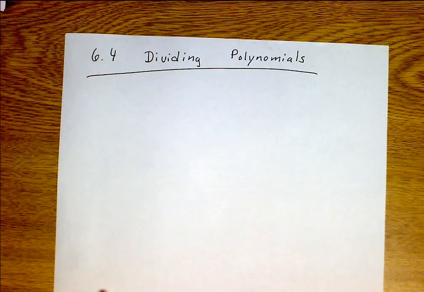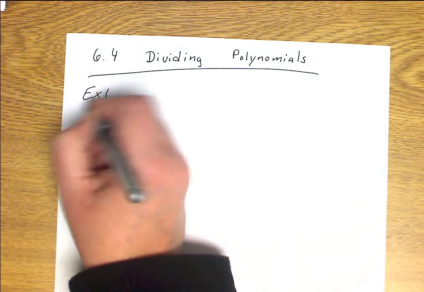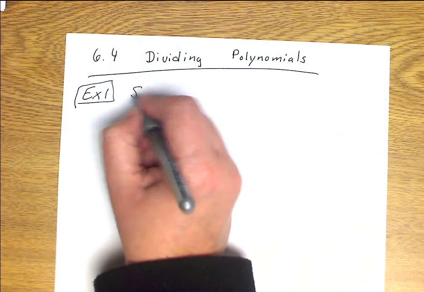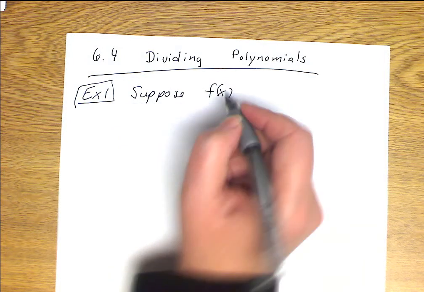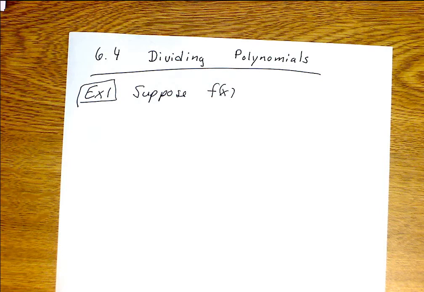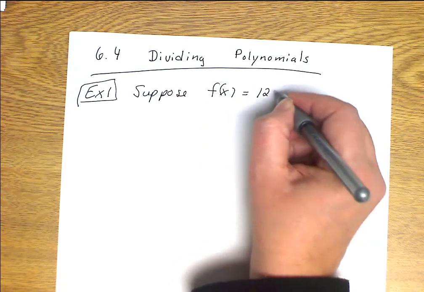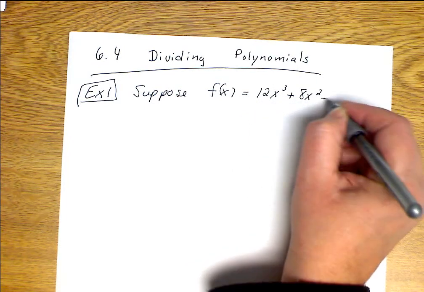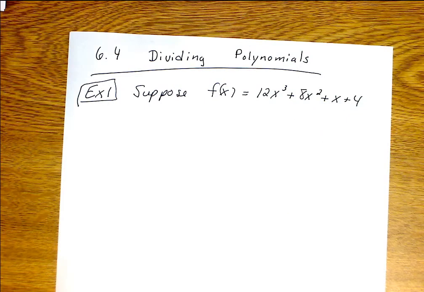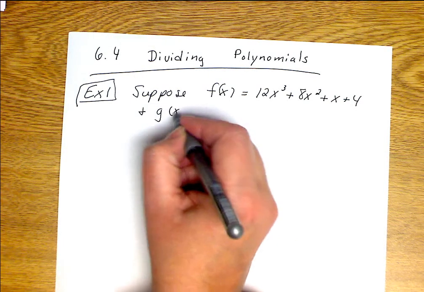Of polynomials. Example 1. Suppose f of x is equal to 12x cubed plus 8x squared plus x plus 4, and g of x is equal to 4x.